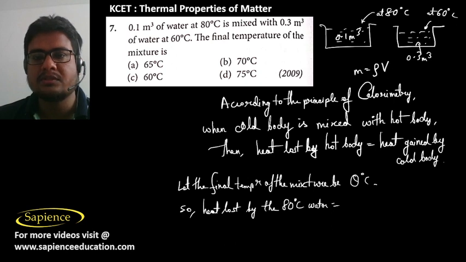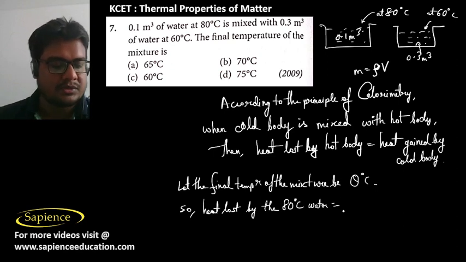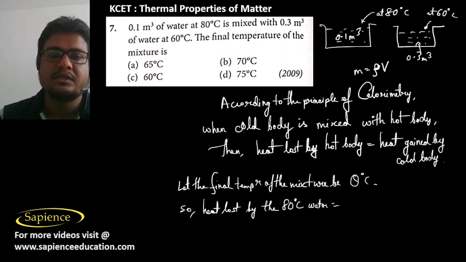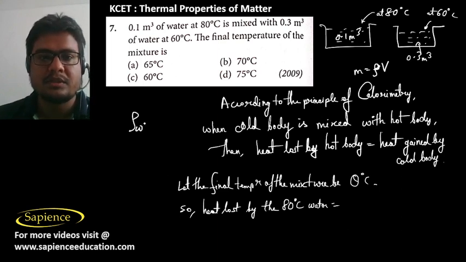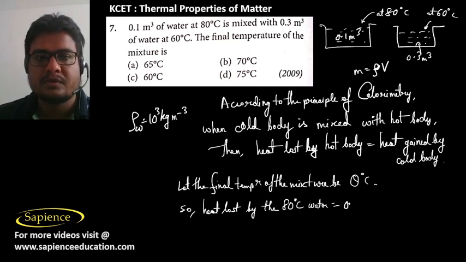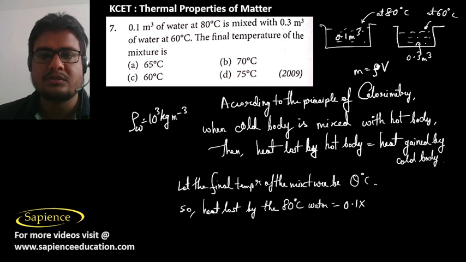The density of the water will not change, it will remain the same. Density of water is 10 power 3 kg per meter cube. So for 0.1 meter cube, the mass will be 0.1 into 10 power 3.